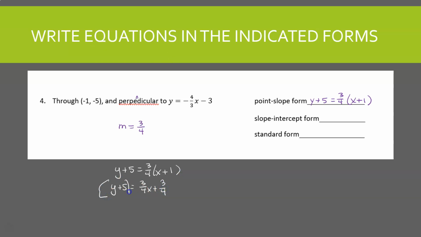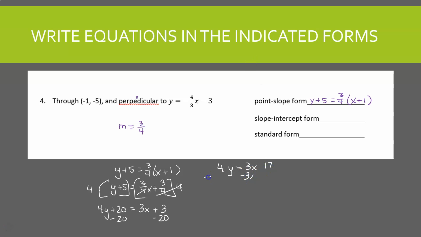I think now is a good time to get rid of the fractions. So I have 4y plus 20 equals 3x plus 3. And subtract that 20. So I have 4y equals 3x minus 17.